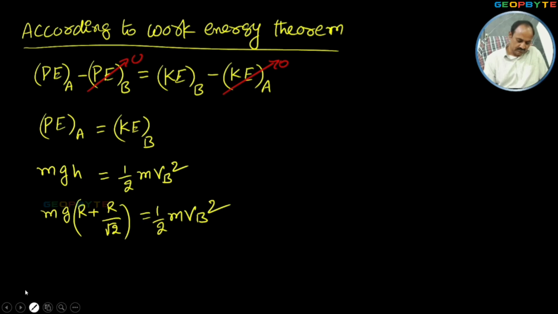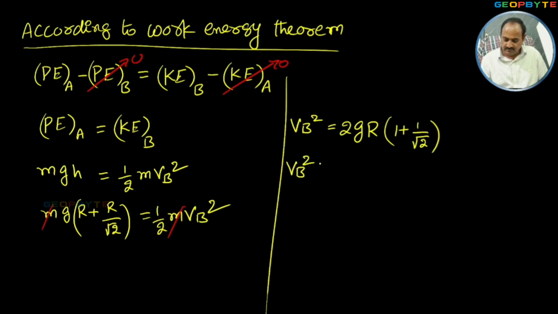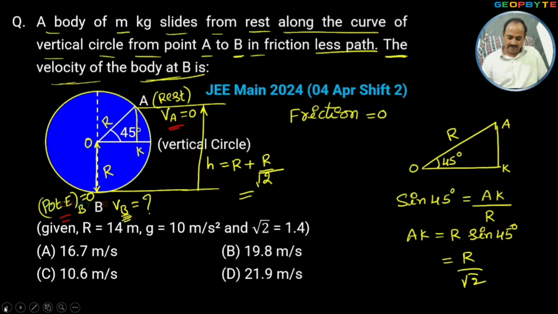This m value is cancelling. Finally, I can write that VB square equals 2 into g into R, taking R outside, 1 plus 1 by root 2. So this is VB square. VB square equals 2 into, look at the g value. g value is given 10.